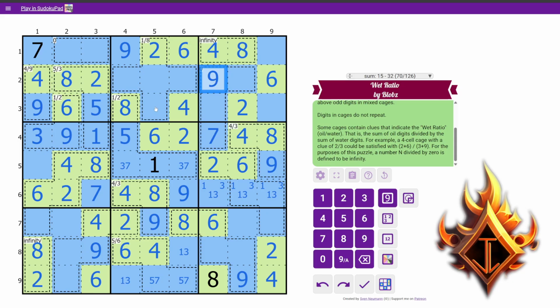1, 3, or 7 right here. One goes here. That one's blocking the, leaving a 3. Now a 3 is in one of those. Do I have any more totals to play with?